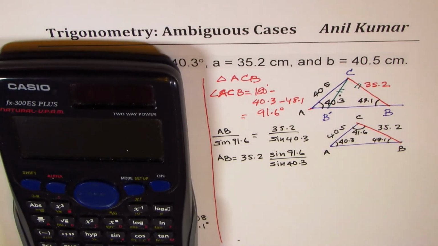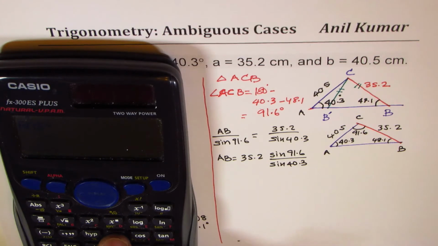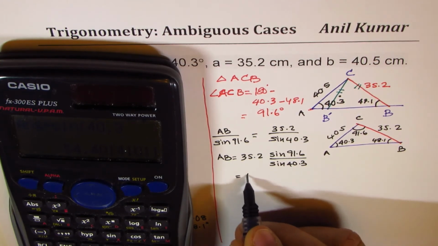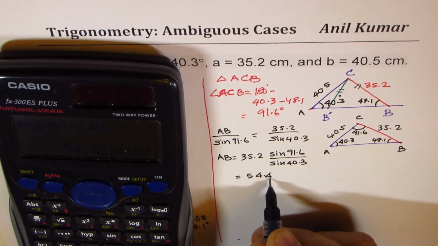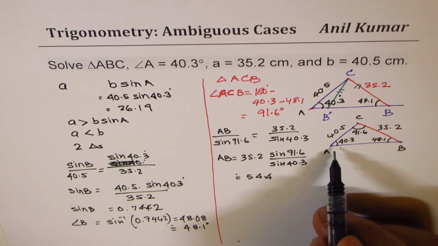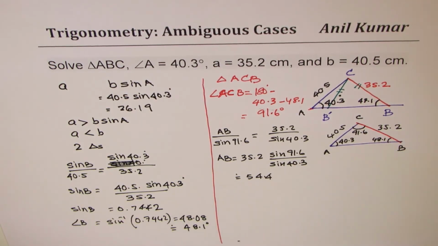So that gives us 54.4 to one decimal place. So we found the side length AB, correct?